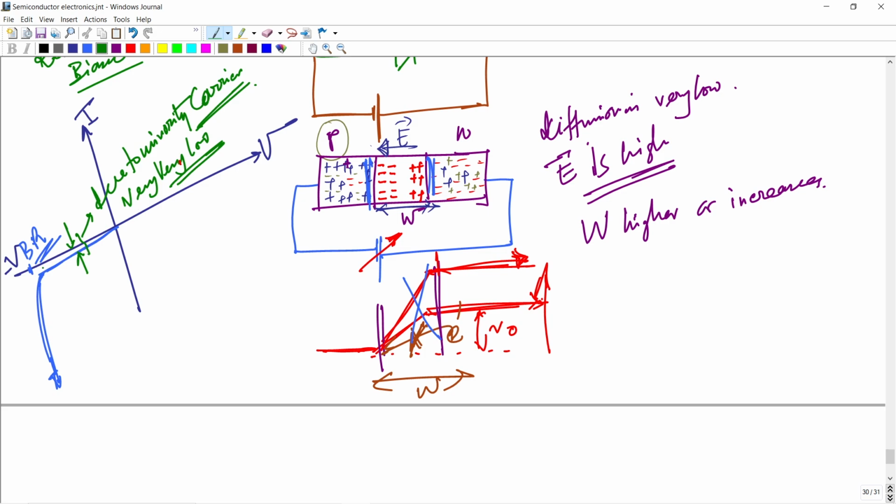So if we hold the VBR breakdown region, a reverse bias region, suppose it is 5.6 volts. If we increase the voltage up to 5.6 volts, we get almost zero current, but after crossing 5.6 volts, we get exponentially huge current in the negative direction.